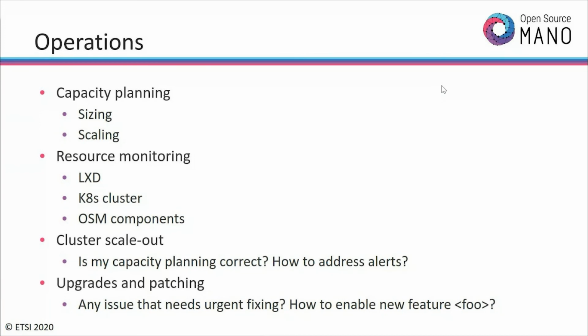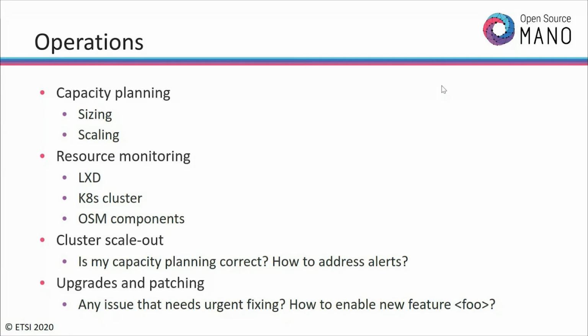So you need to be sure that what you've planned for is what you end up with, to handle all your workloads, both in business as usual and in case of a spike.